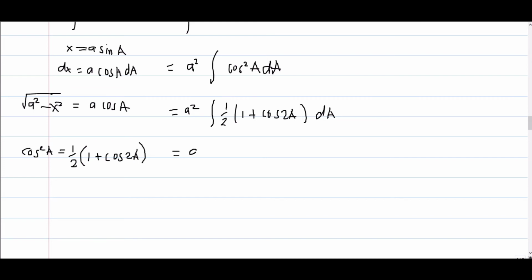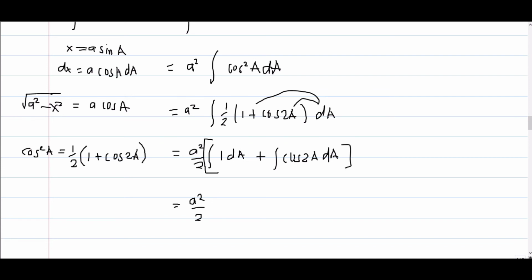Or that is a squared over 2 times the integral of 1 dθ plus the integral of cosine 2θ dθ. This is a squared over 2, the integral of 1 dθ is θ, plus the integral of cosine 2θ dθ, and that is 1/2 sine 2θ plus c.